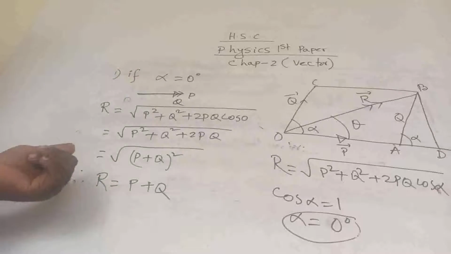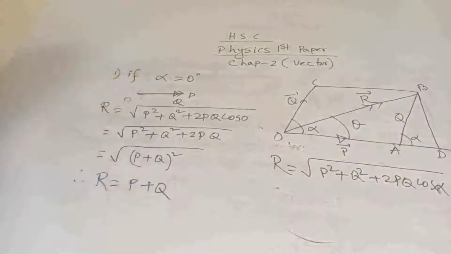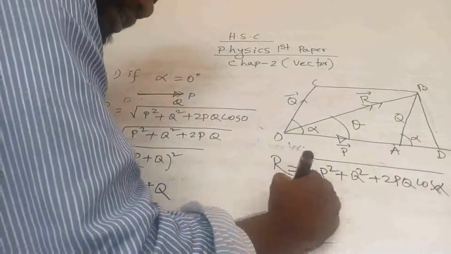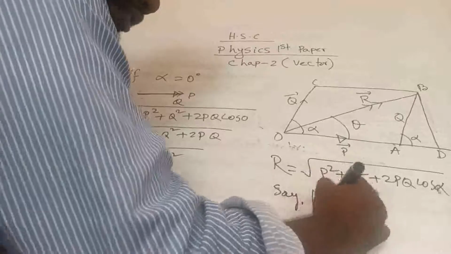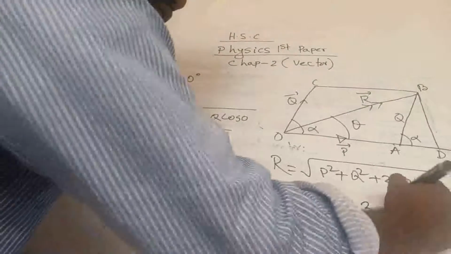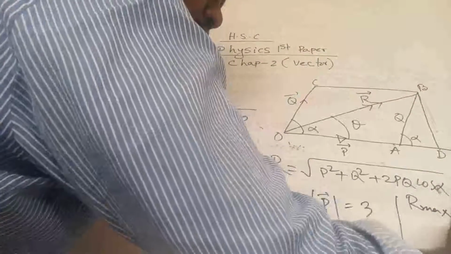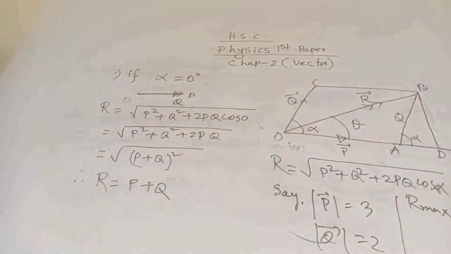For example, P equal to 3 Newton and Q equal to 2 Newton. The maximum resultant R will be 3 plus 2 equals 5. That means the resultant will never be more than 5 Newton.